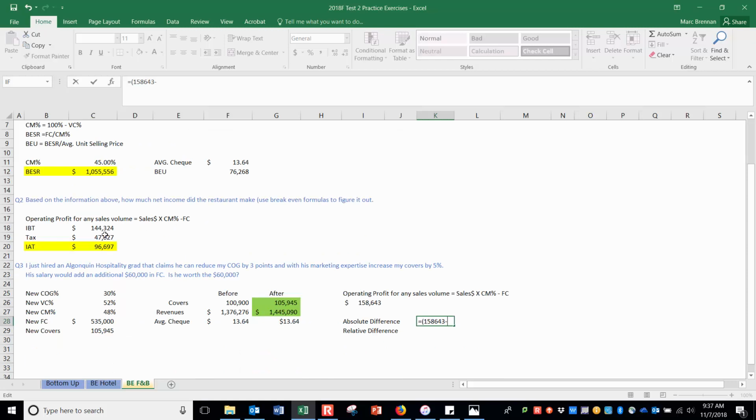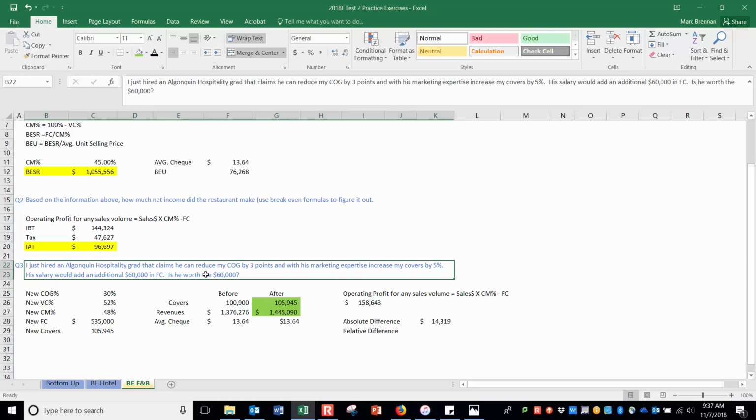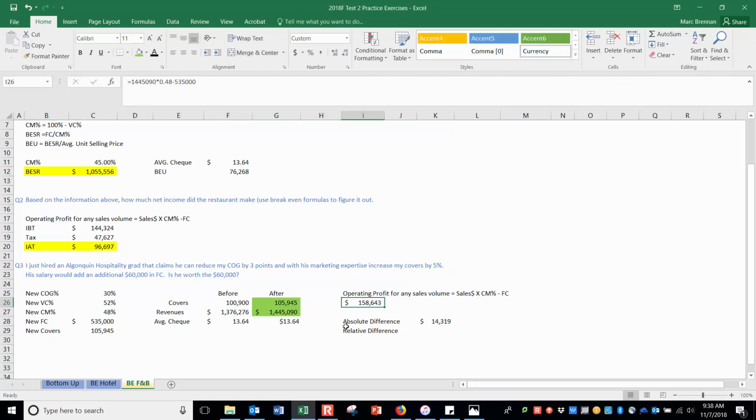When I was making my net income last year, it was $144,324. I don't even need to put it in brackets. But that means that with this scenario, I'm making $14,319 more by paying this grad $60,000 more, because they're reducing my variable costs and increasing my covers. It's helping my revenues, and I'm making more profit than I did without them.